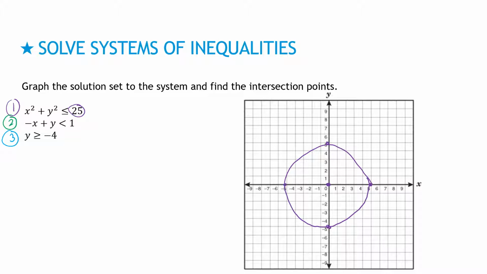Number 2 is just a line. Again, you can turn it into slope-intercept form. Y is less than or equal to x plus 1. Start at positive 1, use a slope of 1. This guy is dotted.